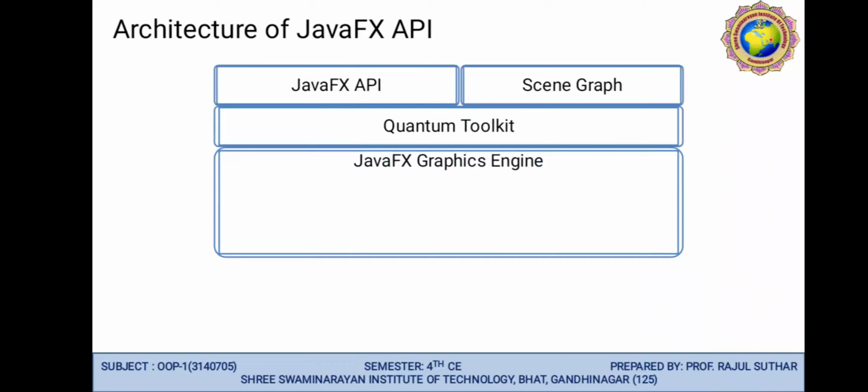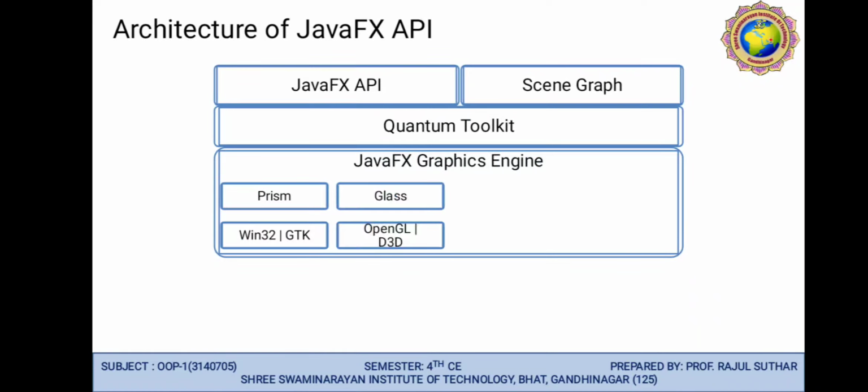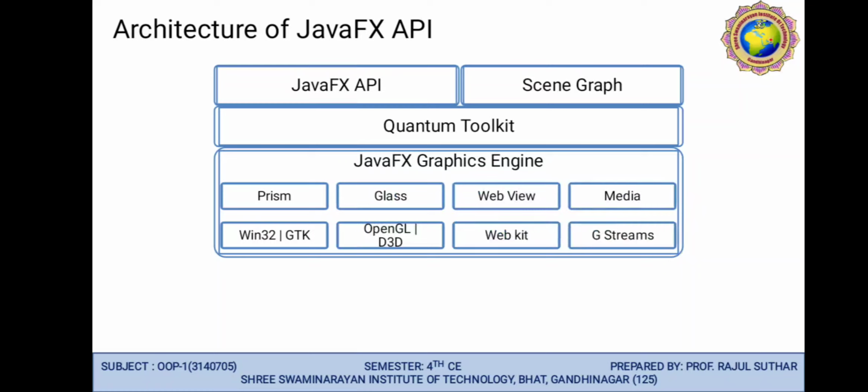This graphics engine covers some components like the media component, we require the libraries, toolkit, WebKit. So let me check one by one. Prism as well as Windows, Win32, GTK, then Glass and OpenGL, D3D, WebView, so we require WebKit, and media by using GStreamer.